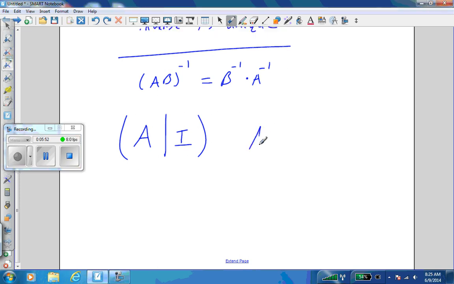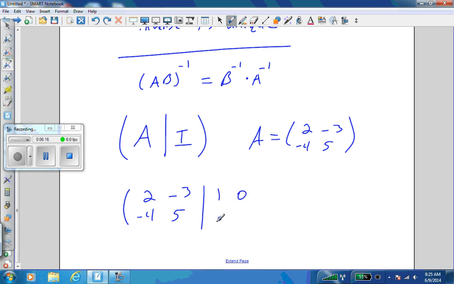So let's look at matrix A that is 2, -3, -4, 5. Let's put that in an augmented matrix with the same size identity. This is a 2 by 2, so we want an identity matrix that's 2 by 2.